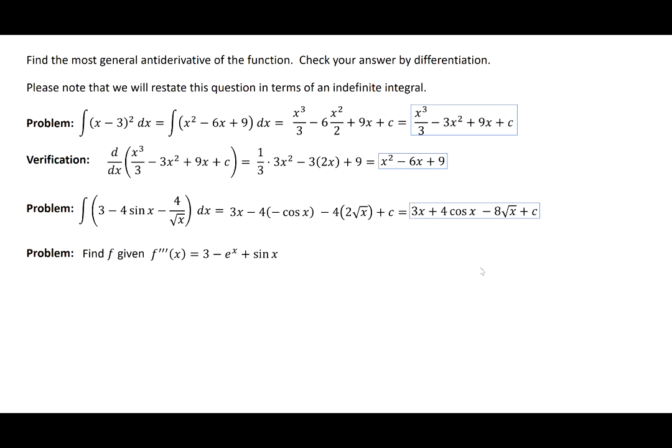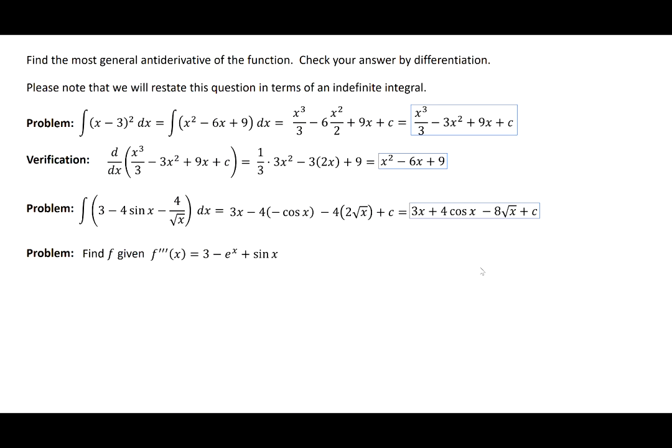Given f, you find f prime. Looking at that f prime, you take the derivative of that f prime, you get f double prime. Take the derivative of f double prime, you get f triple prime. So you go in sequence. So if now we are given f triple prime of x and asked to find f, we have to go in a sequence.